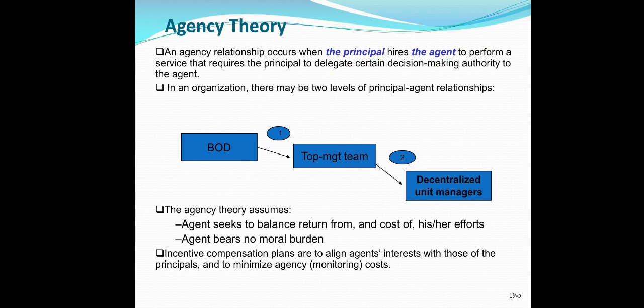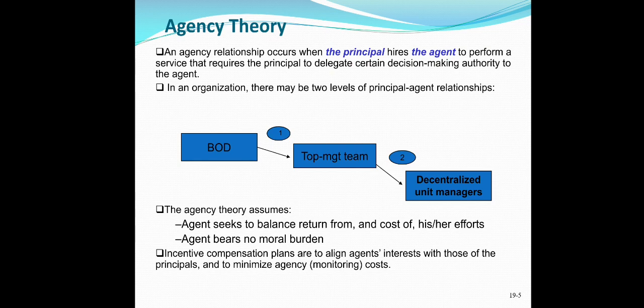Okay. See the third point here in this slide. The agency theory assumes that the agent seeks to balance returns from and costs of his or her effort. Agents bear no moral burden.